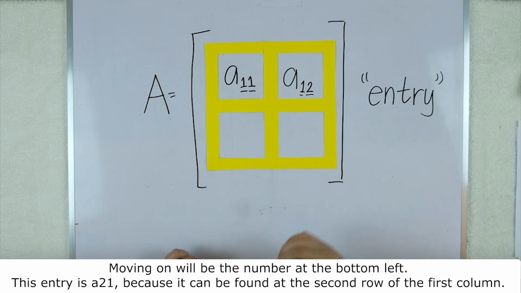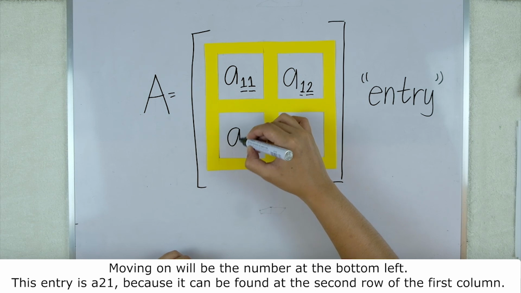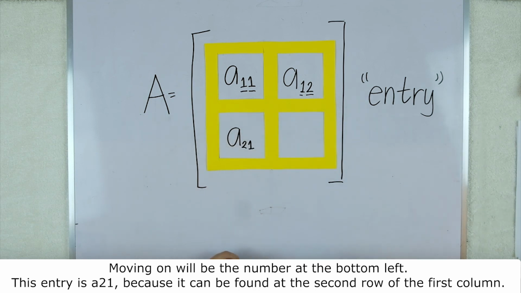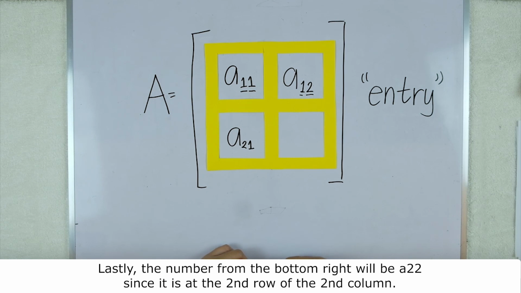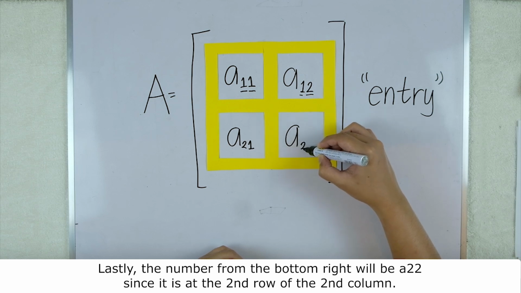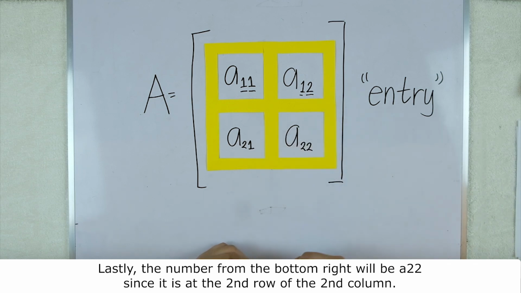This entry is A sub 2,1 because it can be found at the second row of the first column. Lastly, the number at the bottom right will be A sub 2,2 since it is at the second row of the second column.